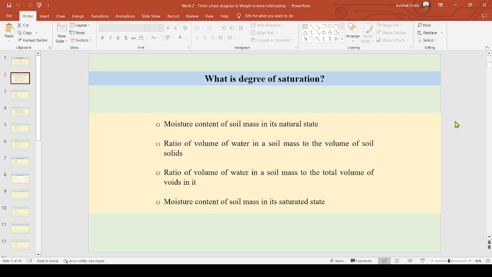Your options are: moisture content of soil mass in its natural state; ratio of volume of water in a soil mass to the volume of soil solids; ratio of volume of water in a soil mass to the total volume of voids in it; option 4, moisture content of soil mass in its saturated state. You have to find out the right option. What is the definition of degree of saturation?